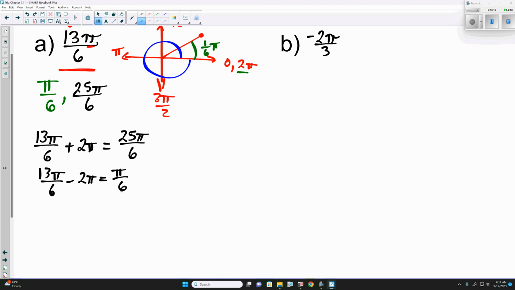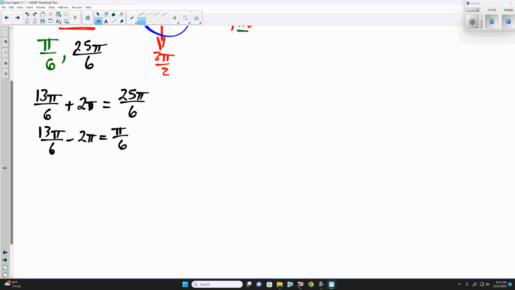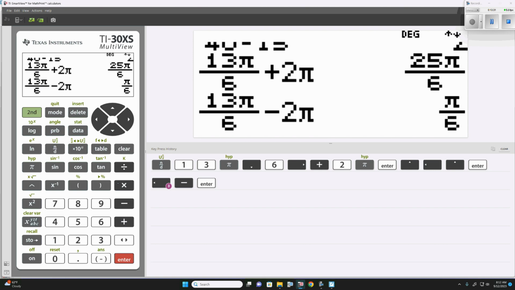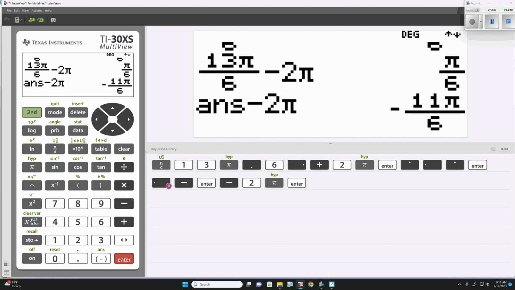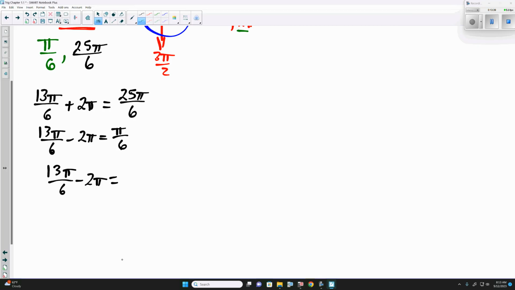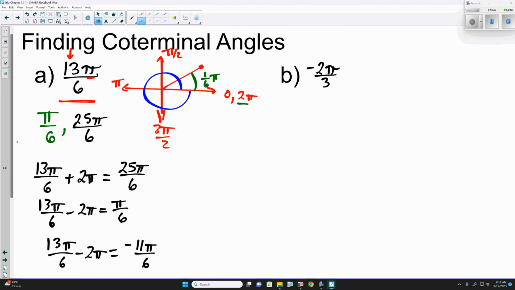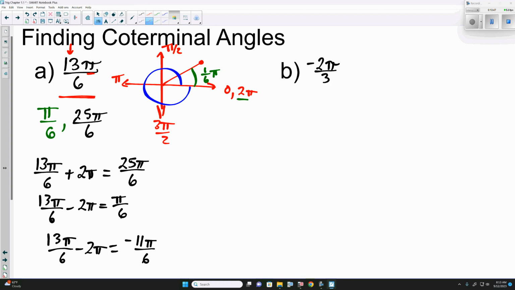Which is what we got graphically. Essentially, we did the same thing. Now, we don't have to do it once. I could subtract 2 pi again and get... our negative 11 pi over 6, let's do a different color, is really just this angle here, if we went one time around.